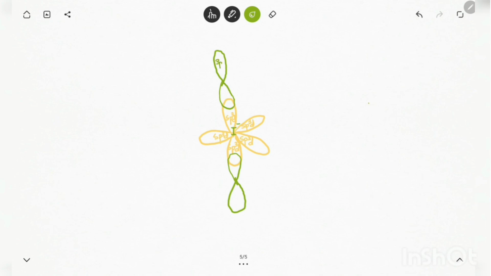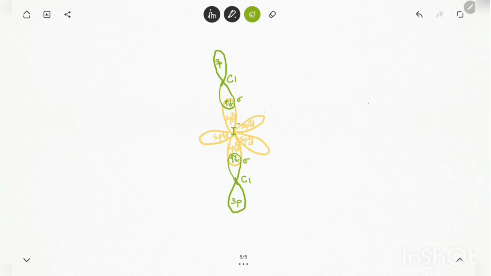So this is 3p, 3p and chlorine. I minus brings 1 electron and the chlorine atom brings 1 electron, so the overlapping between these 2 atoms will form a sigma bond.